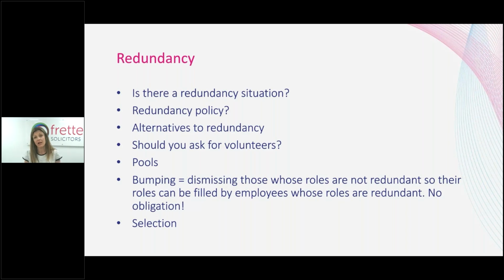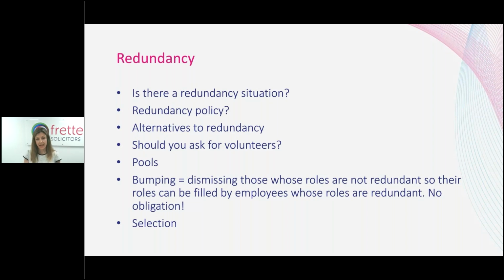And think about as well, are you going to offer an enhanced payment in consideration for employees entering into settlement agreements as well? Think about that at the outset, because if you are going to offer that, we can inform employees that that is a possibility if their role is confirmed as redundant. We can let them know that at an early stage in the process, and that can then avoid appeals and obviously give certainty there would be no claims if employees sign settlement agreements.